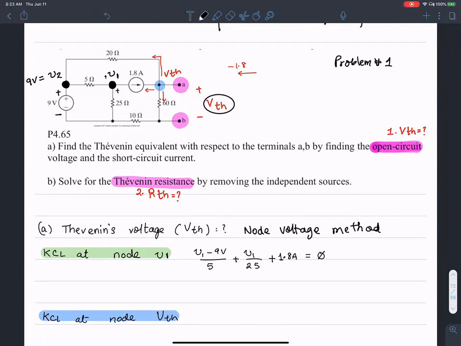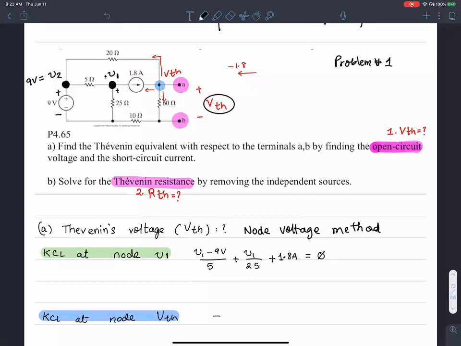Is it going to be VTH minus V1 over, but there is no resistance here that they're going across. So can we ignore it? Are you talking about this one? Yeah, since that one is just the current there. For the current source, I don't have to calculate the current value.